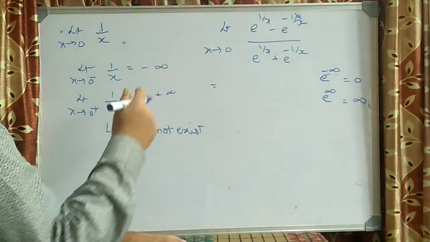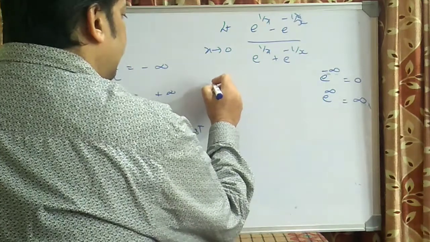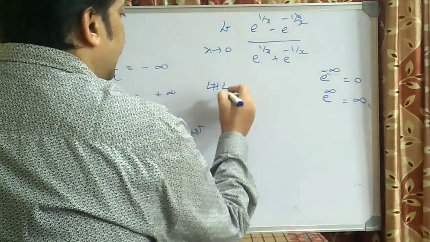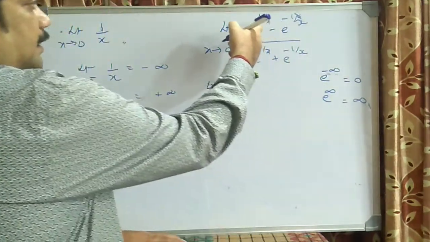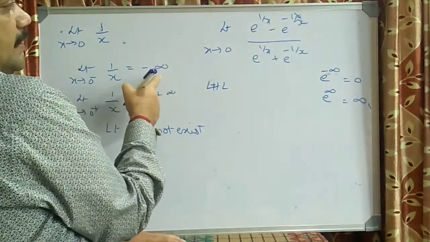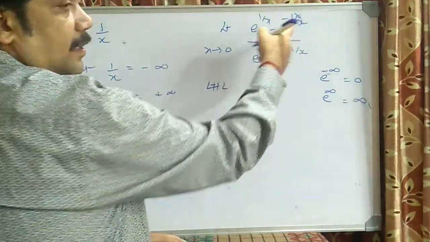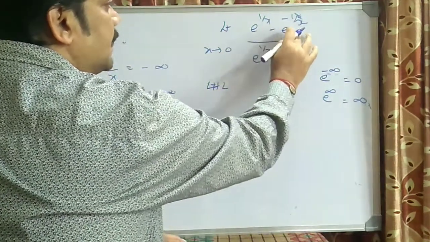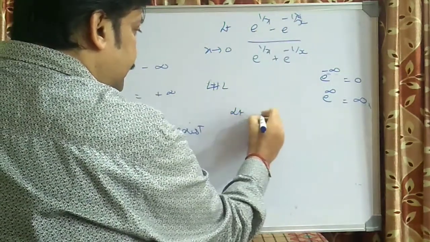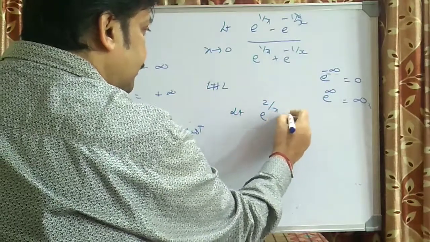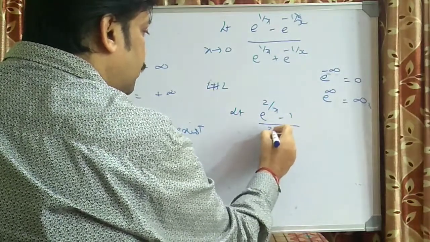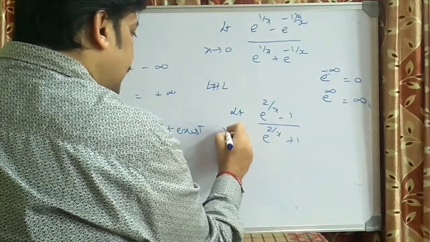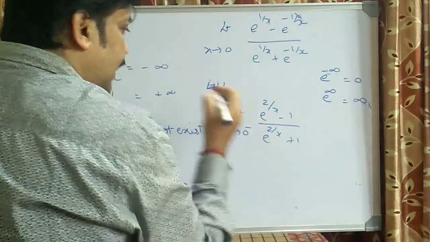Now here, what happens? I am taking left hand limit. For left hand limit, very clearly this is becoming minus infinity, this is becoming plus infinity. So I take out the term which is becoming plus infinity common. So limit of e power 2 by x minus 1 by e power 2 by x plus 1 as x tends to 0 minus.